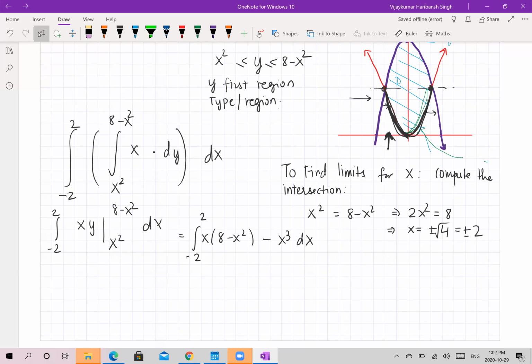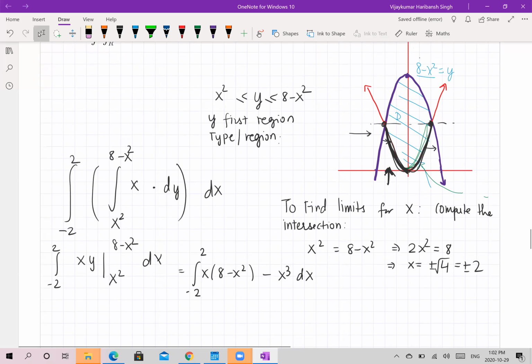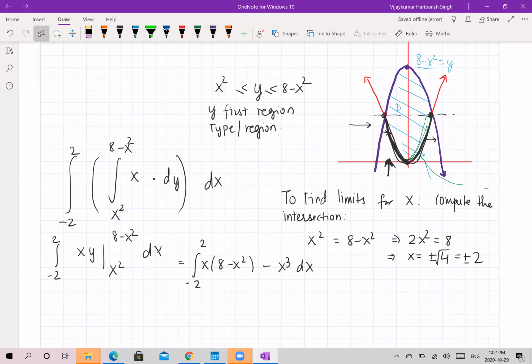If we look at this function, we are integrating from minus 2 to 2, so we are in a good situation here. Why is that?